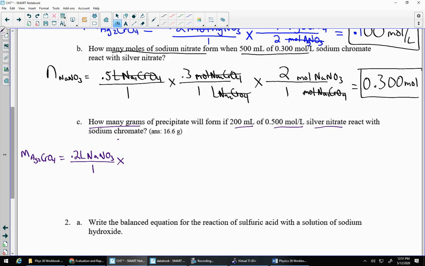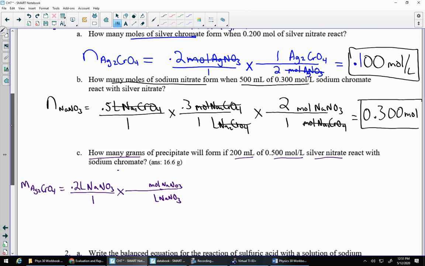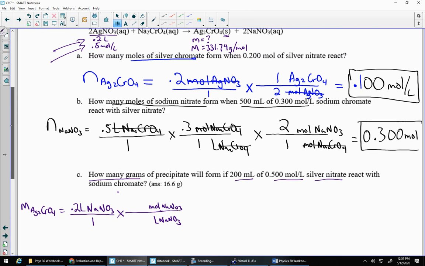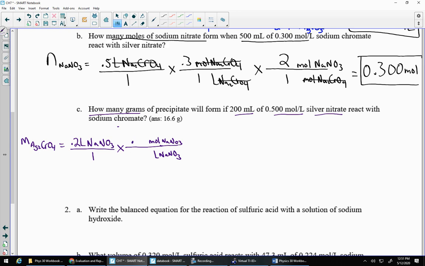Now I'm looking for the moles, right? So in my conversion factor, I need to get rid of liters of NaNO3, and I want to end up with moles of NaNO3. Cool. A little bit tedious, but we can absolutely do that. And now I know that it is 0.5 moles for every 1 liter. So the 0.5 goes with the moles, the 1 goes with the liters.